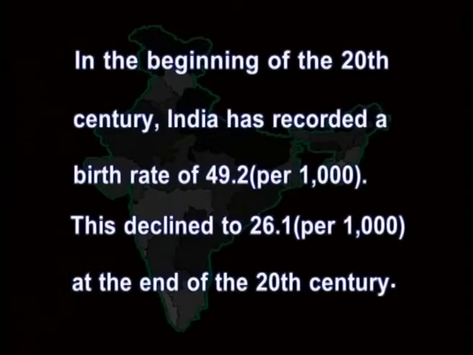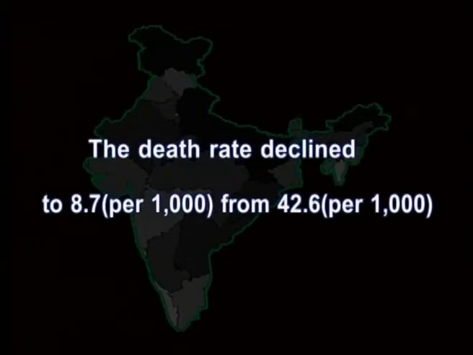In the beginning of the 20th century, India recorded a birth rate of 49.2 per thousand. This declined to 26.1 per thousand at the end of the 20th century. On the other hand, the death rate declined to 8.7 per thousand from 42.6 per thousand in the same time period.